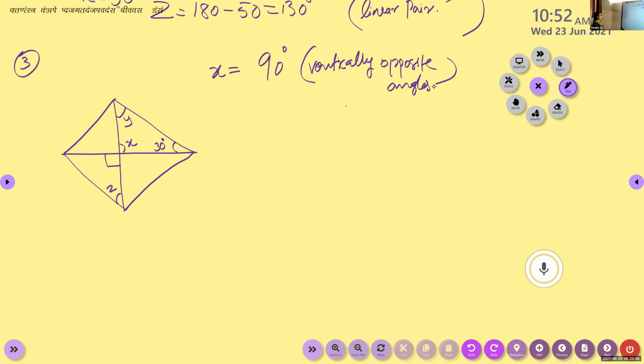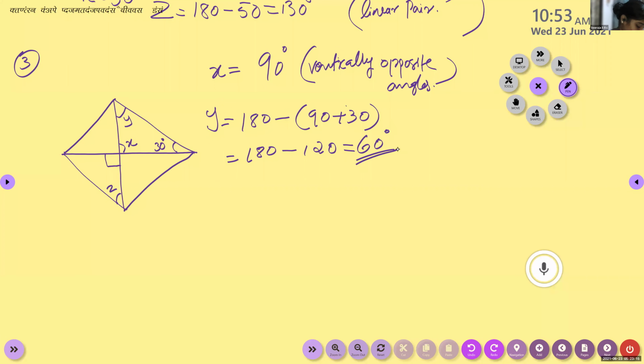Now, how will we find y? 180 minus 90 plus 30, by the angle sum property of a triangle. So 180 minus 120, so y is 60 degrees. What about z? Z is 60 degrees.